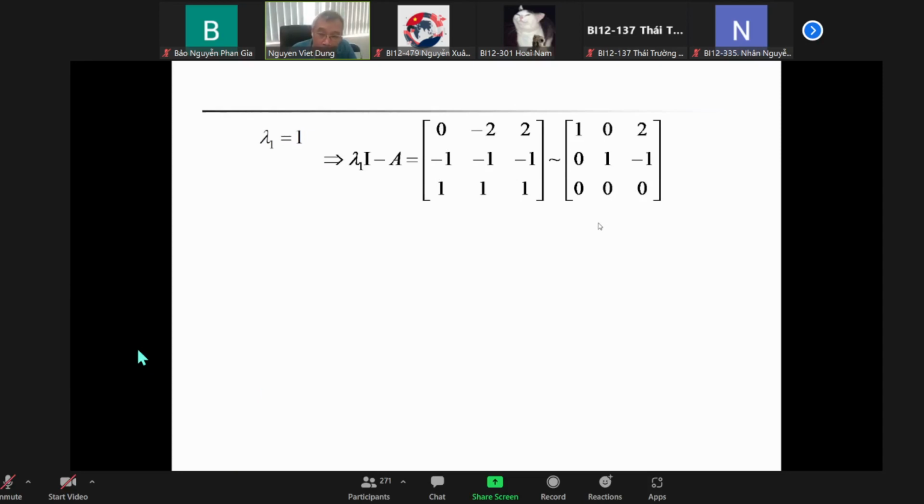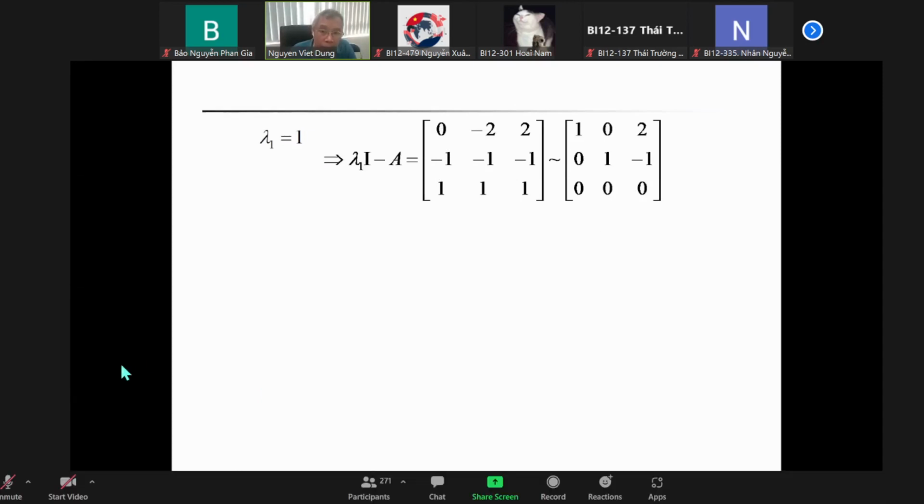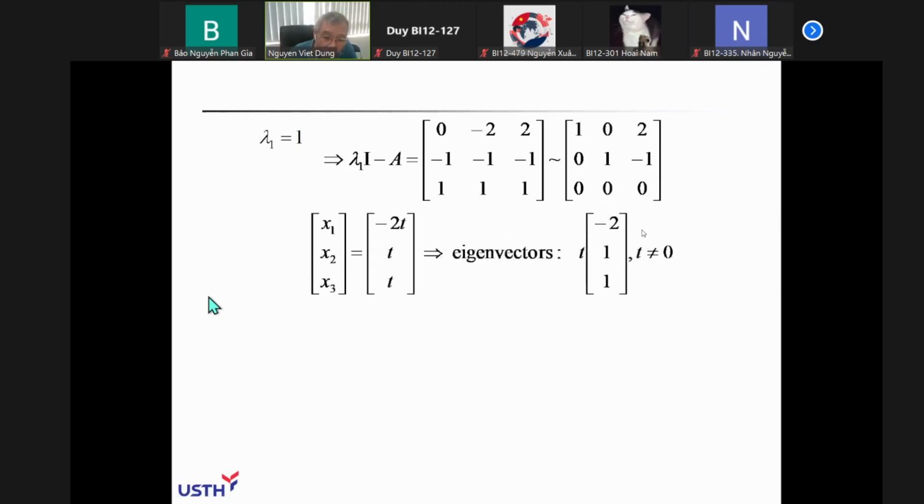It means we apply Gaussian elimination to transform it into that. Please pay attention to that: the first column and second column contain the leading ones, so the last column corresponds to the free variable. It means that the solution will be as follows.